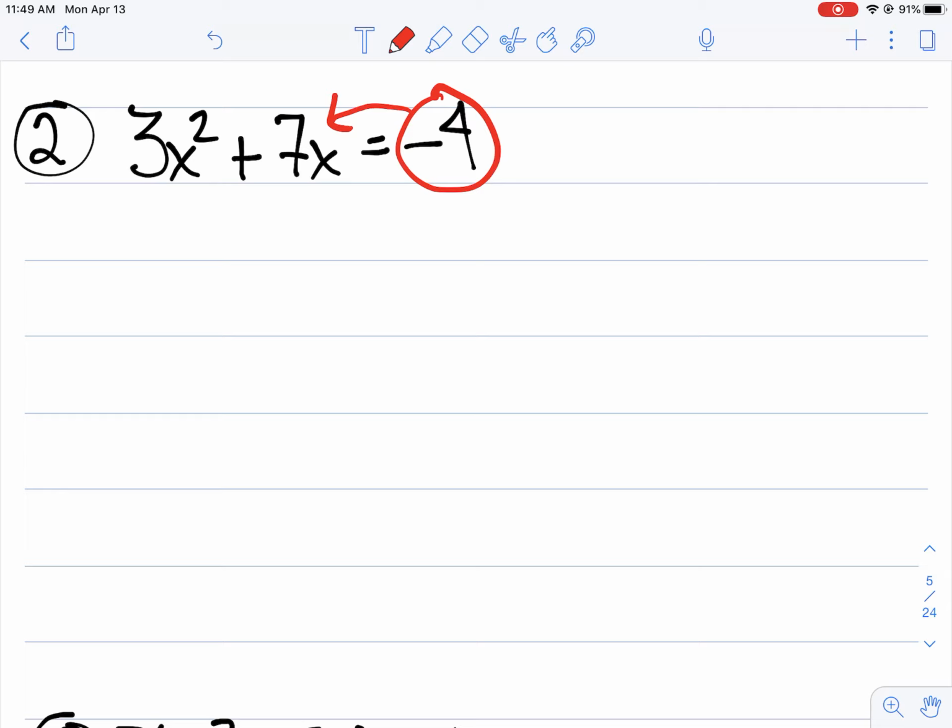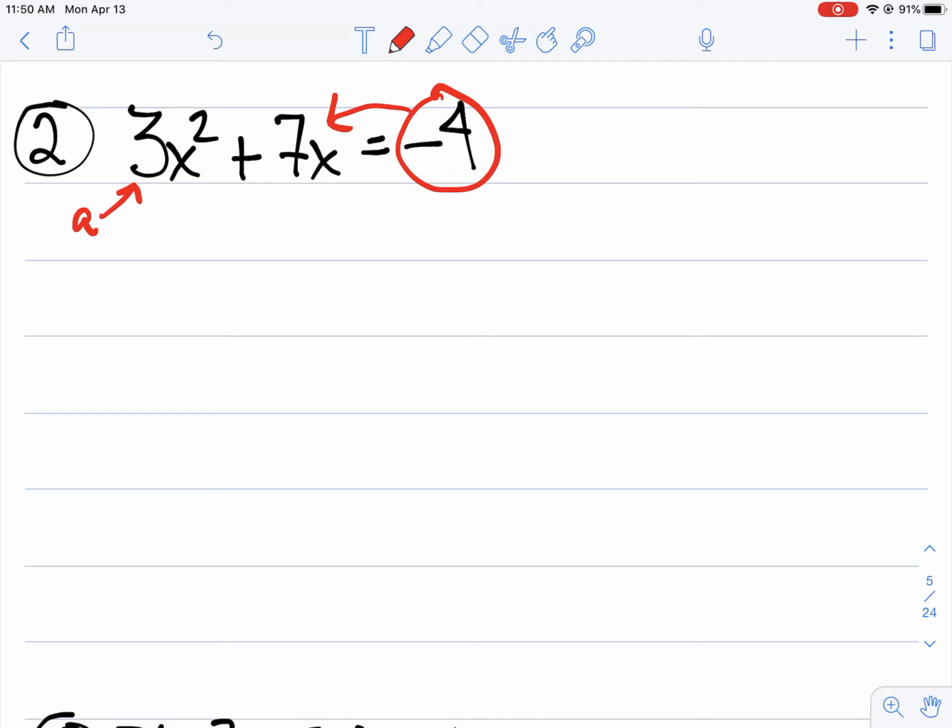Now, you don't always have to move to the left side, but what I try to do is make sure that my a value, which is 3 in this case, remember that's a, always is positive, because we learned from the previous topic that when a is positive, things are a lot easier to factor. So usually the best way to go is to make a positive in this case, okay?